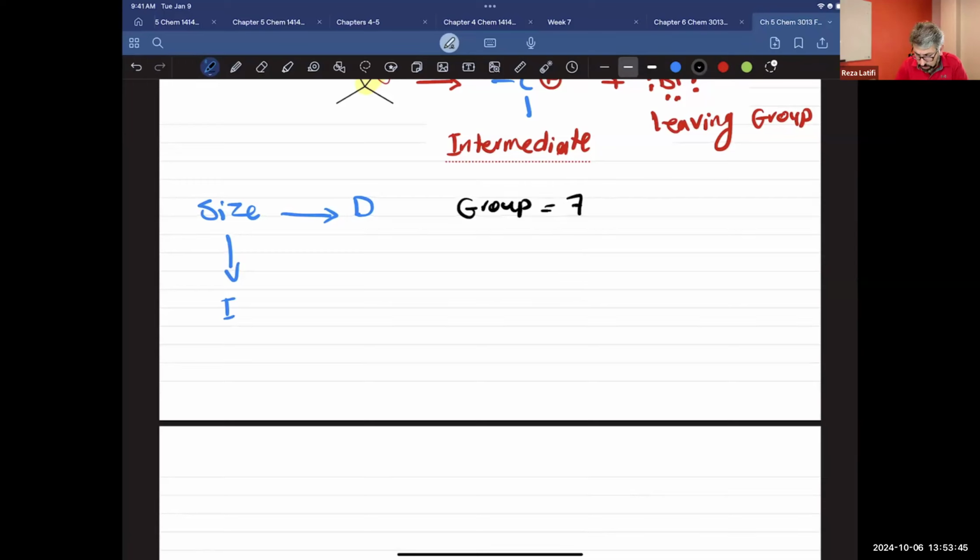I have fluorine, chlorine, bromine, iodine. As we go down, size gets bigger and bigger, inside the group.